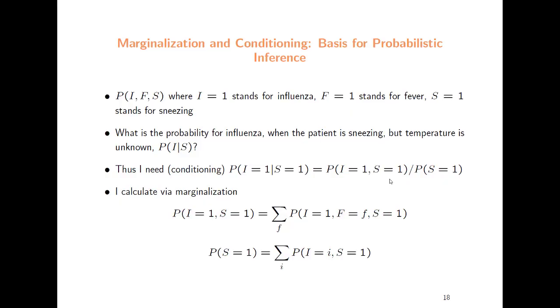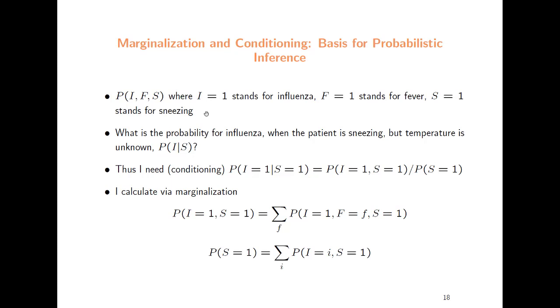Here's an example where we are using these equations for inference in an expert system. Let's assume there's some joint probability distribution of I, F, and S, where I stands for influenza, F stands for fever, and S stands for sneezing.